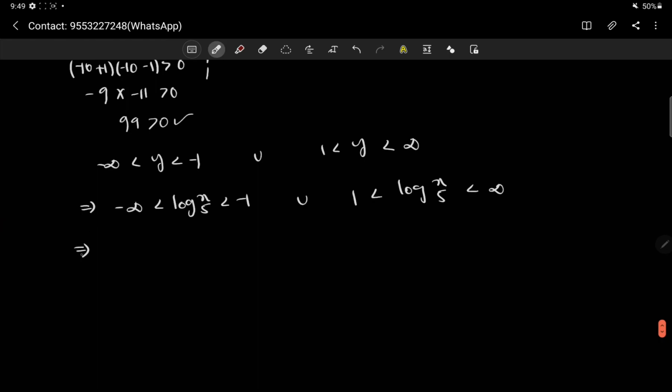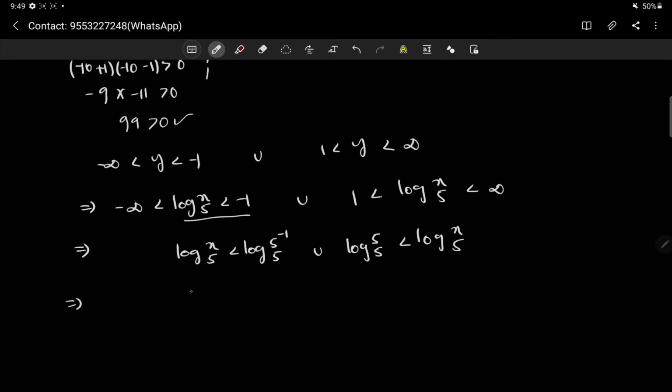Okay, now you see here this infinity can be taken as what? Anyways, taking this log x base 5, and minus 1 can be taken as what? Log of 5 power minus 1 base 5. Okay, union 1 can be taken as log 5 base 5 less than log x base 5.